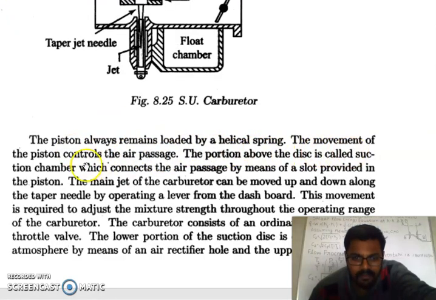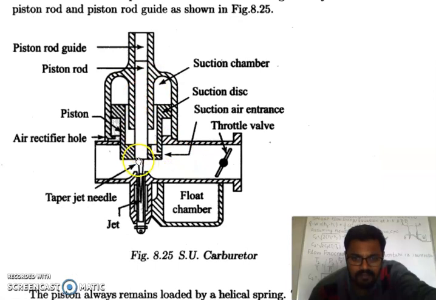The movement of the piston controls the air passage. You can see if this piston moves up and down, this passage becomes less here. So when your piston moves up, the air passage will increase. So this piston will control the amount of air flowing through these passages.